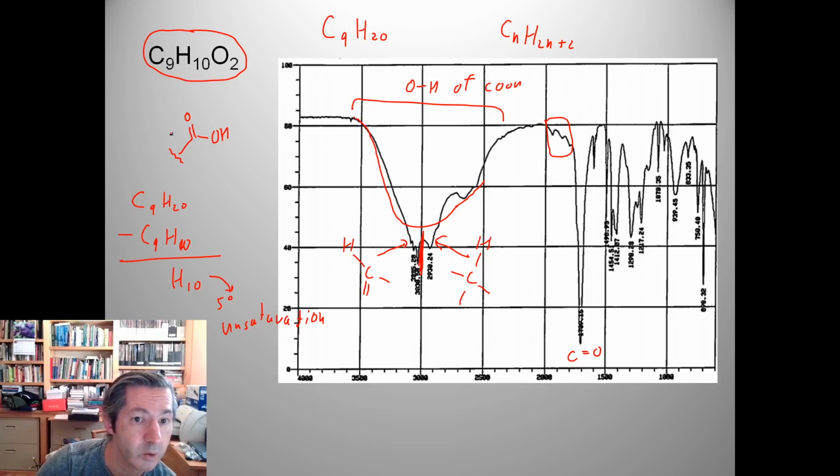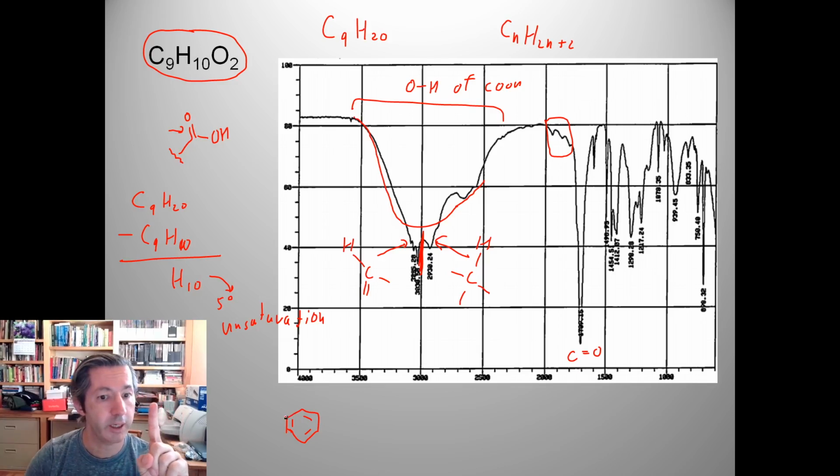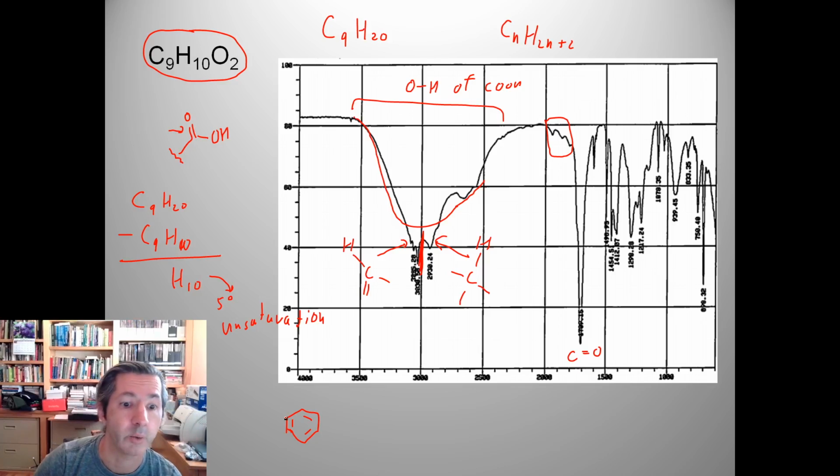We know one of the degrees of unsaturation is due to that pi bond. The other 4 degrees of unsaturation will probably be from an aromatic ring. 1 degree from the ring, then 1, 2, 3 from those pi bonds, and then the CO pi bond. So we've got 5 degrees of unsaturation.